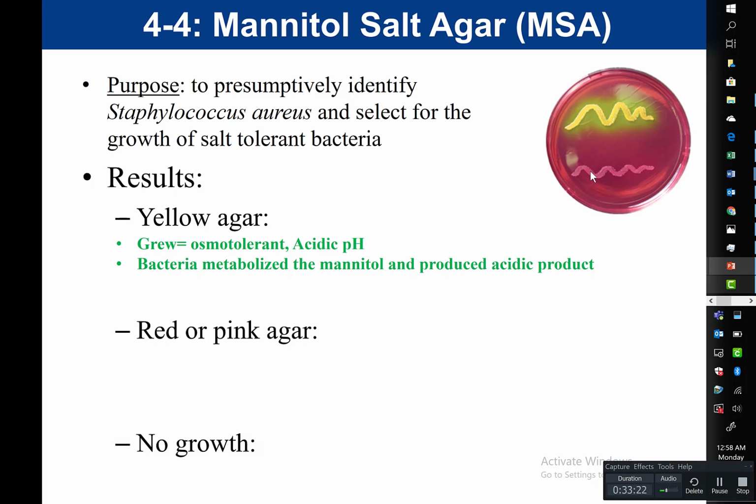So yellow is acids. That tells us that the mannitol was fermented. Remember that our mannitol is our differential ingredient. It allows us to differentiate Staph aureus from Staph epidermidis. And so if it fermented the mannitol, it is presumptive Staph aureus.